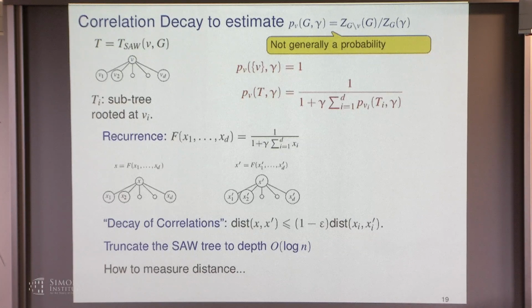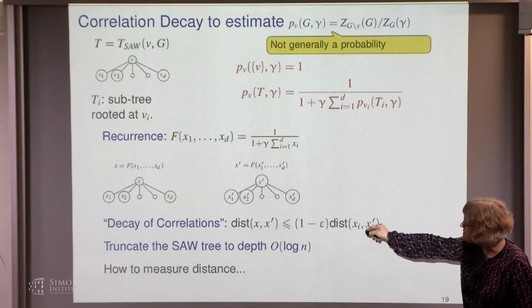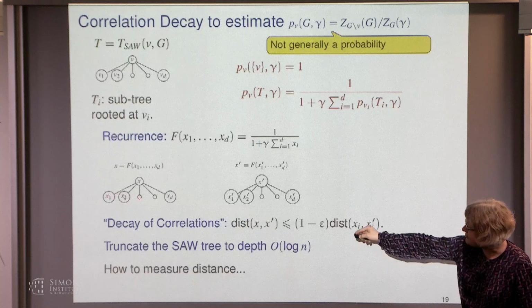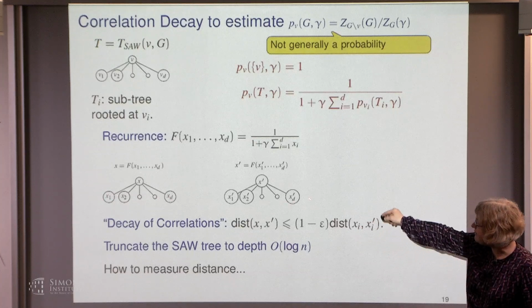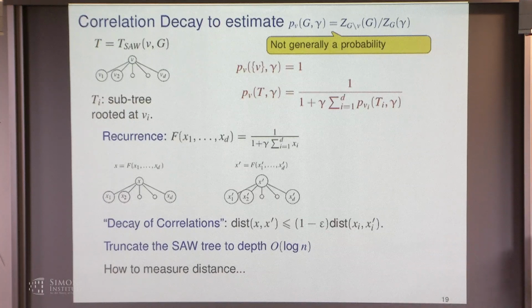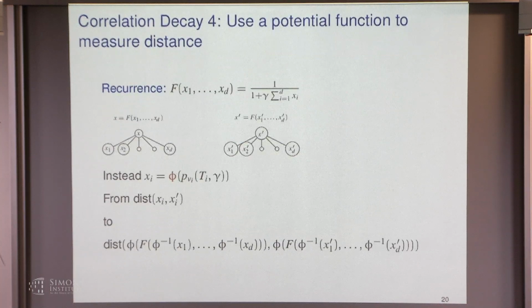Now, what we do when we do correlation decay, in order to truncate the tree, is to say, well, if the marginals differ by some amount at one level, maybe I've got some marginals here and there, and I run a step of the recurrence. How does it go down? Maybe by some factor. And so there's the question about how to measure distance. If you got really lucky, then the L infinity distance on the marginals themselves would shrink, but why should it? That's a little bit too much to ask.